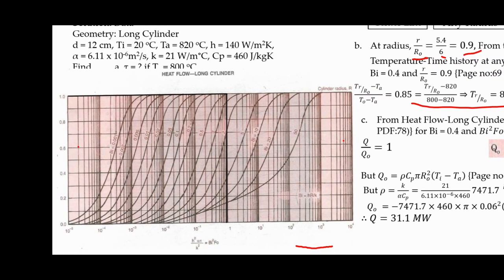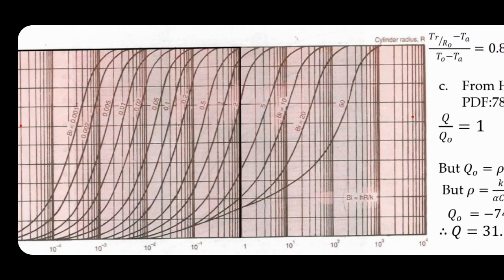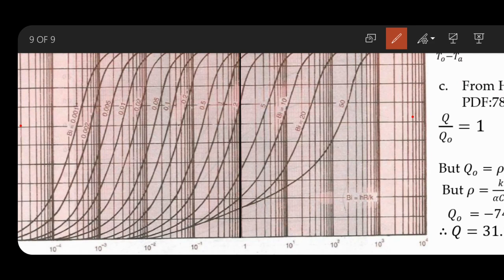When I see that it is very close to 0.9 on the x-axis, as we move towards the end of that unit, that will be very close to the next digit, that is 1. So I have drawn a vertical line here, and the 0.4 Biot number curve will be somewhere here.